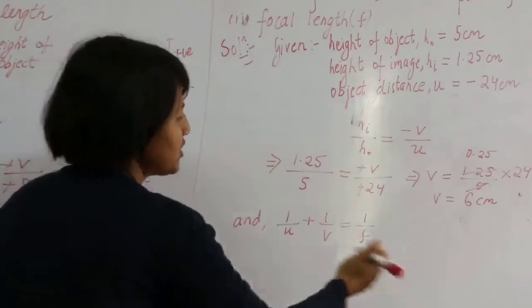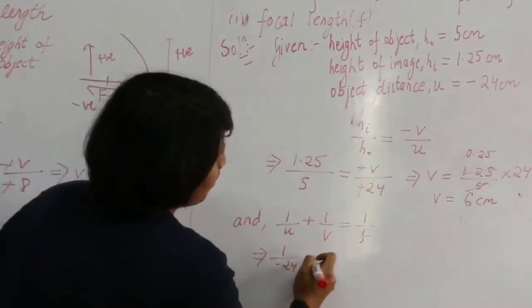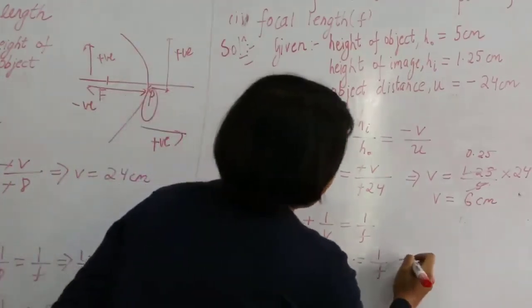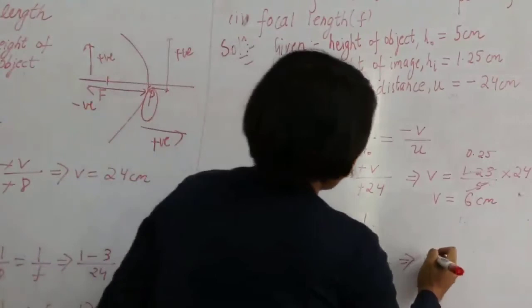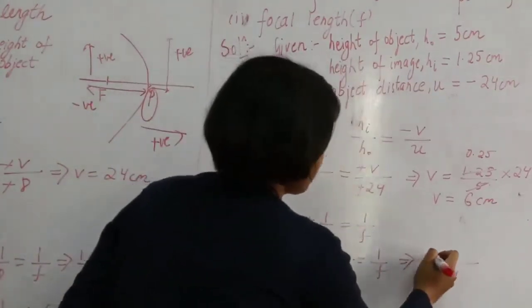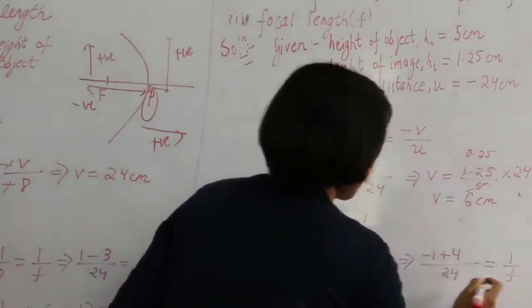Now you have to calculate the focal length with the help of the mirror formula. Image distance v is 6, u is minus 24, so 1 by 6 minus 1 by 24 is 1 by f. Here LCM is 24, so this is minus 1 plus 4 over 24, equals 1 by f.